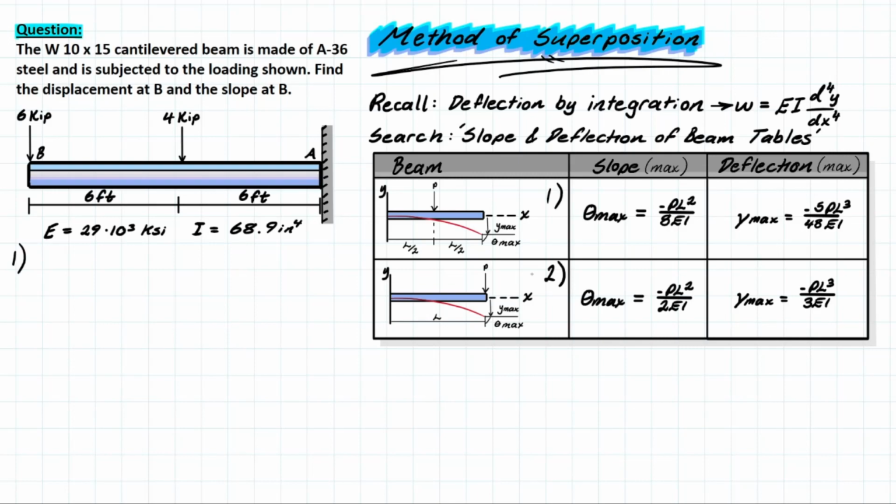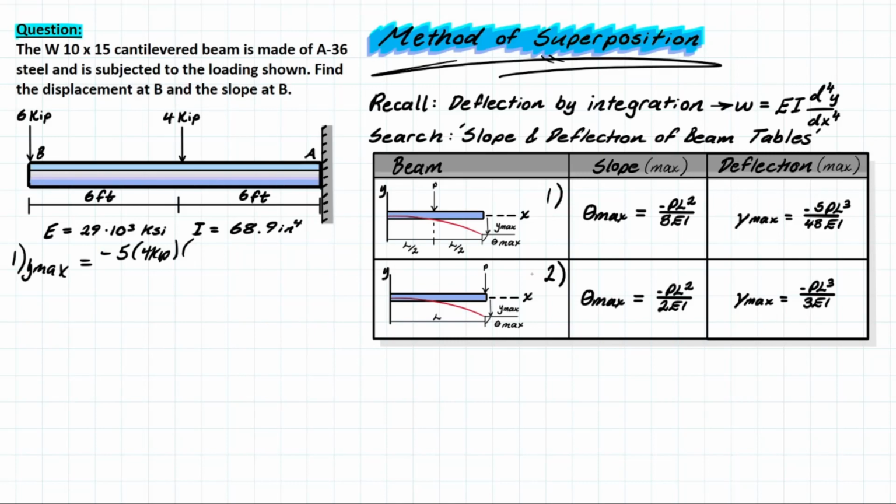If we wanted to find the max deflection, which would be at point B, we are simply going to be taking this formula right here. So what do we have? We have -5. We have the point load, which is 4 kip. We then follow that up with the length, L. Now don't get tripped up here. It still wants us to use the full length of the member.